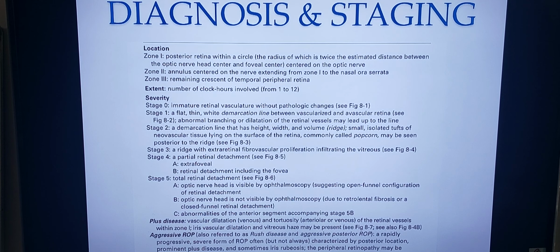Okay, now this chart may look very complex right now, but I will be elaborating it step by step to make it further simplified. As I said, location, extent, severity, plus disease, aggressive ROP, we have to categorically classify ROP in order to devise the proper treatment plan for that particular patient.